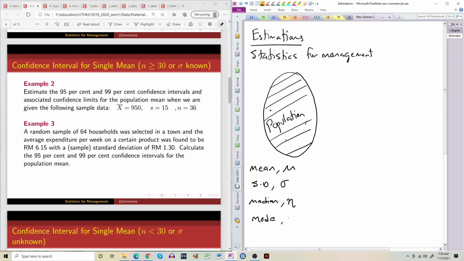Let's say I put it as M, something similar to mu.